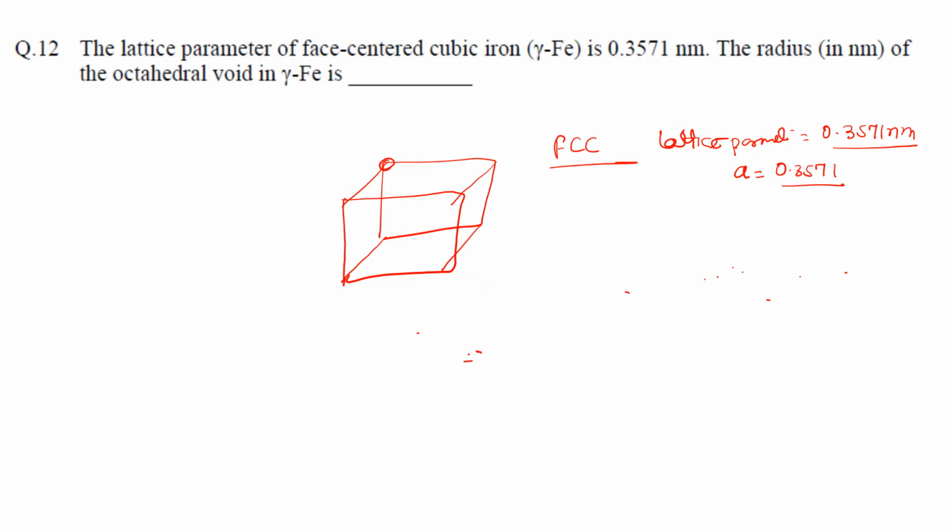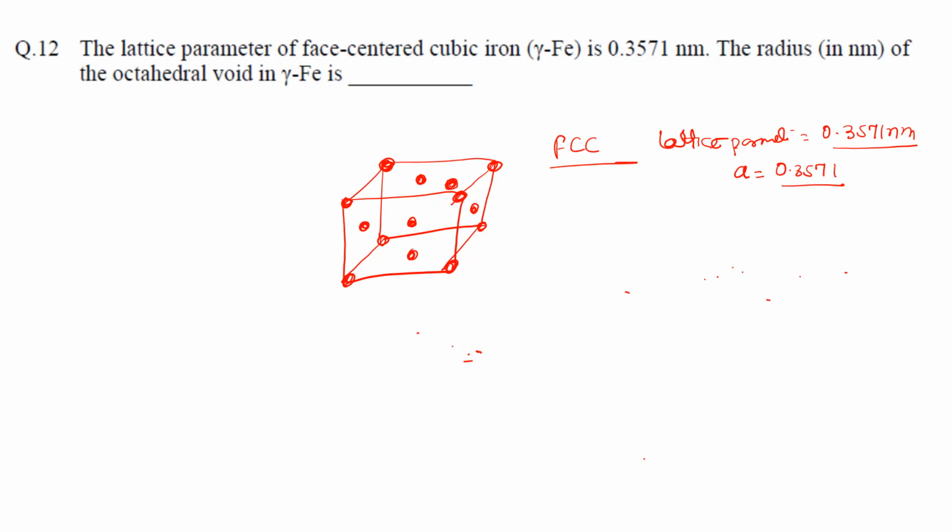So if you see, this is FCC. These are surface atoms at the 4 surfaces, and the other 2 atoms will be on the front surface and on the back surface.